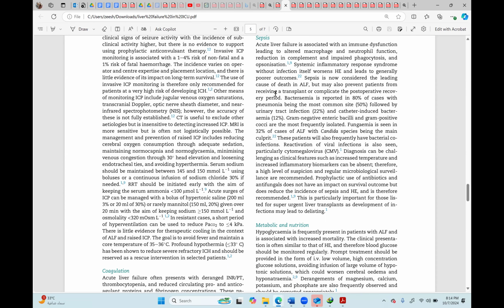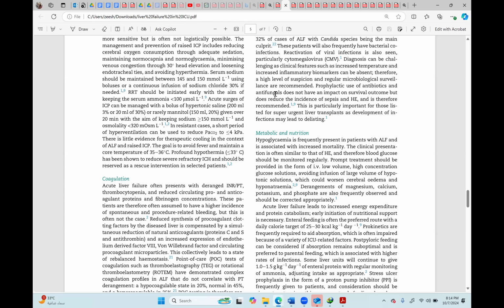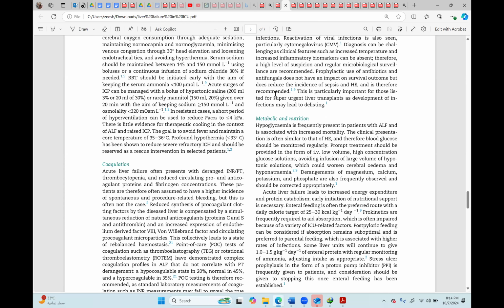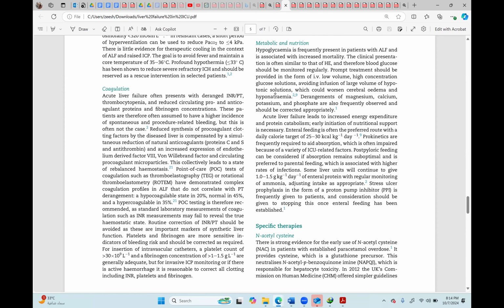And hypoglycemia is frequently present in patients with ALF, so you have to maintain the blood sugar, but at the same time, don't cause hyperglycemia because hyperglycemia is also not good. Derangements of magnesium, calcium, potassium, phosphate are frequently observed.